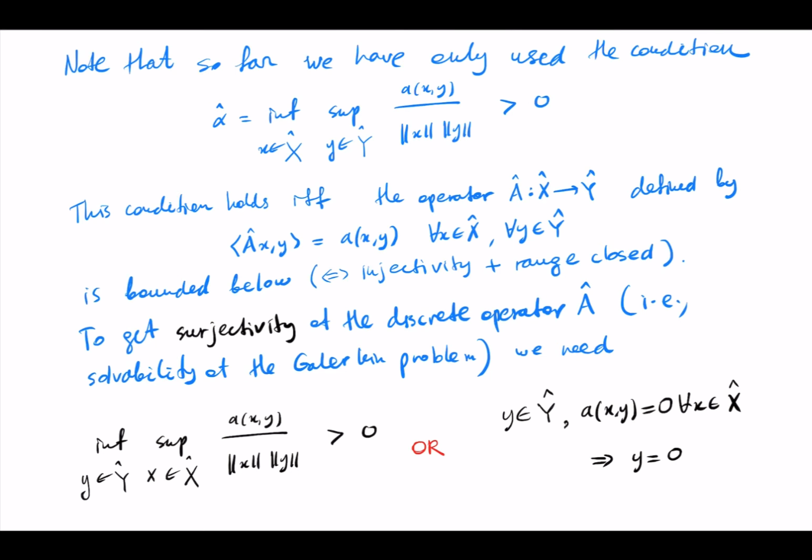So we know that this condition is of course also equivalent to the injectivity of the transpose of a hat, or it can also be written in terms of the bilinear form in this way. So we need these two conditions for the invertibility of the discrete operator a hat.